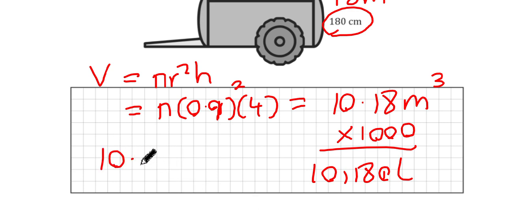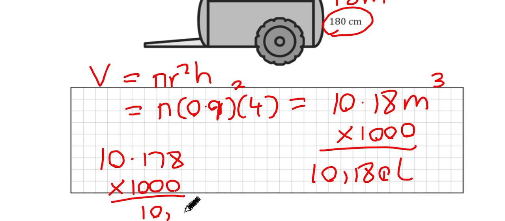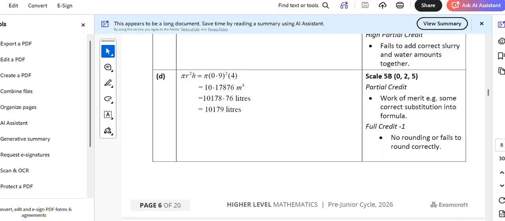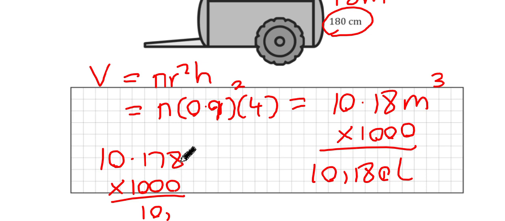So it's 10.178, and then I multiply that by 1,000. Ah, it's a rounding error. Because if you use more decimal places, what would you have gotten? You would have got 10,179 to the nearest liter.